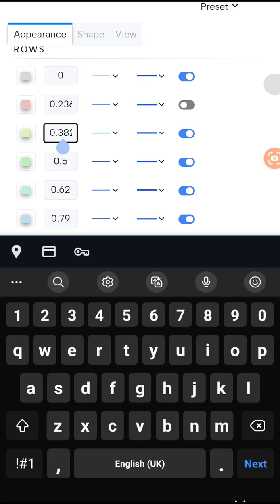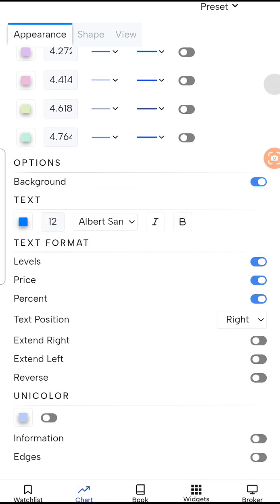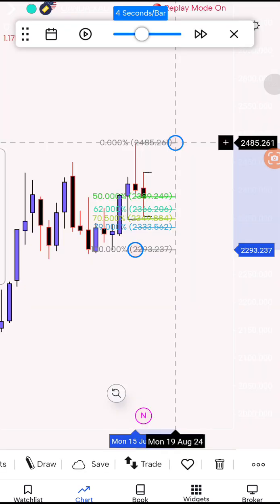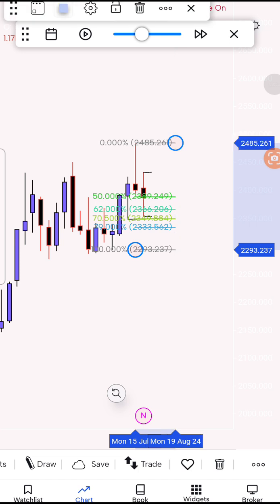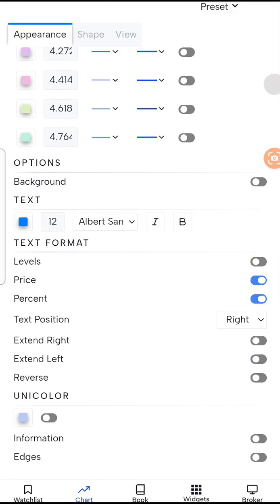I'm going to change it to 0.705, and I don't think I need the background. Don't actually need it. And let me also turn off the figures, levels, and everything.